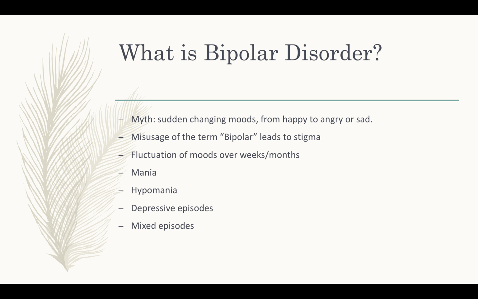The mania piece of it really relates to irritable mood, elevated mood, characterized by symptoms like grandiosity, euphoria, and even increased energy. So picture bouts of mania as extreme bliss, euphoria, extreme levels of energy which individuals experience.